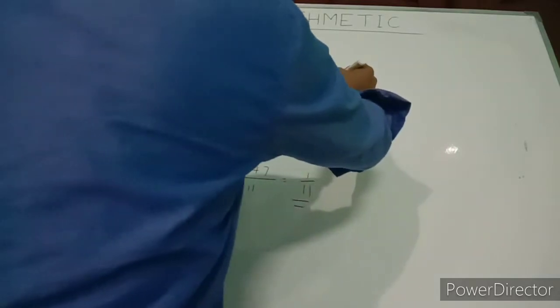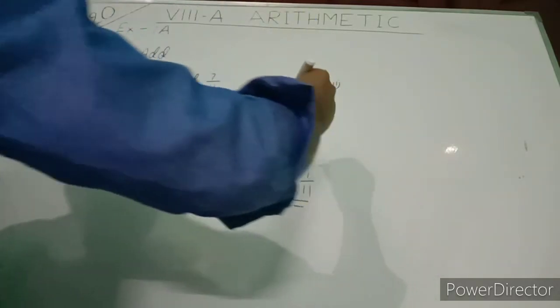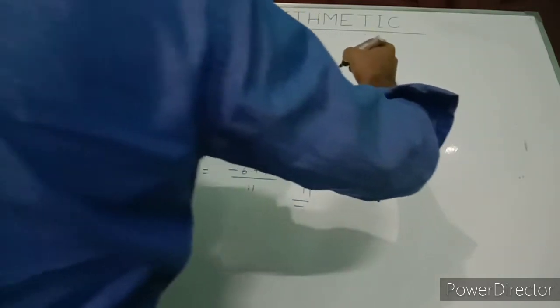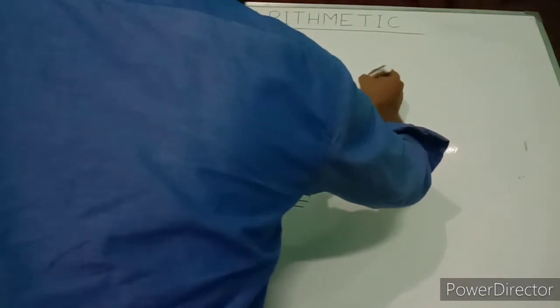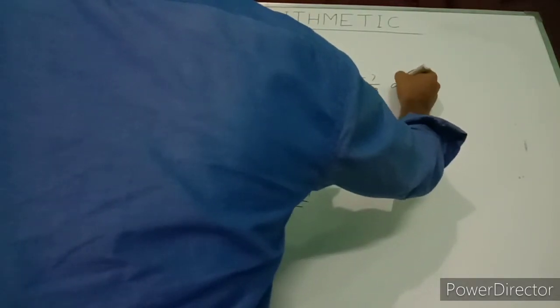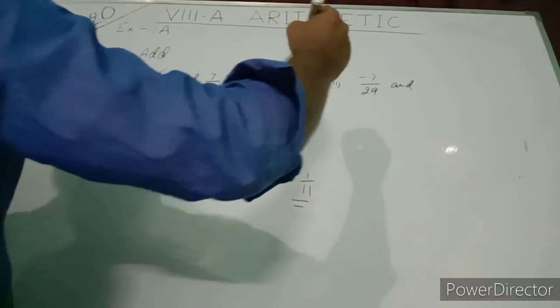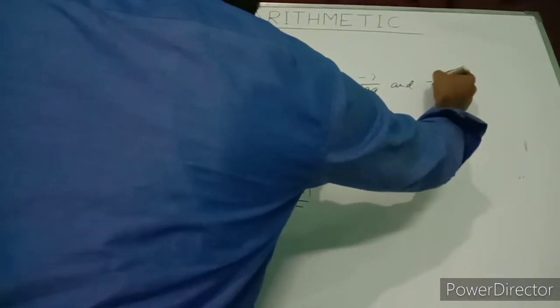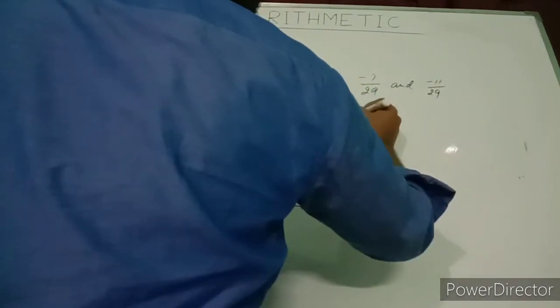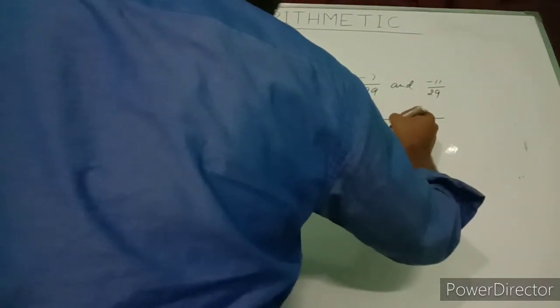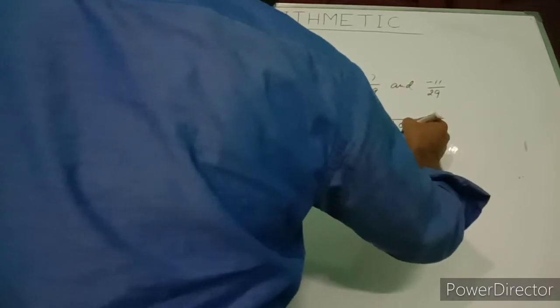Now the second question is minus 7 by 29 and minus 11 by 29. So directly we can take LCM 29. Now we divide this LCM by this denominator.